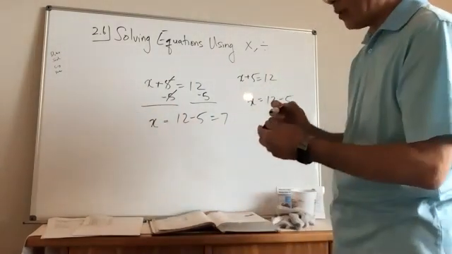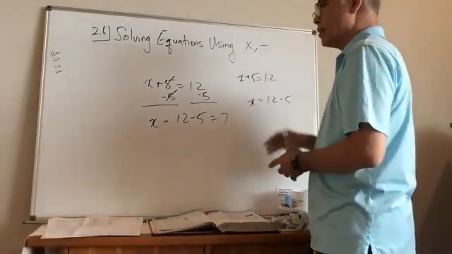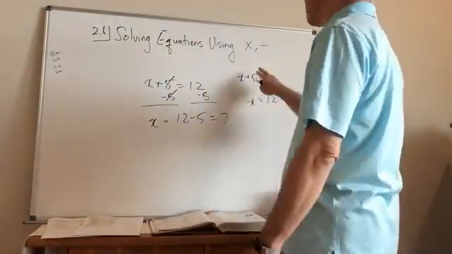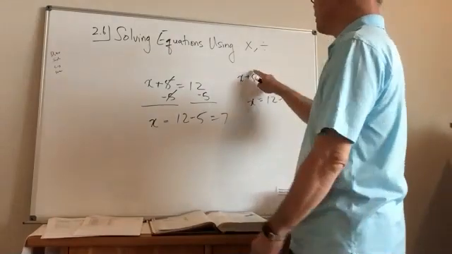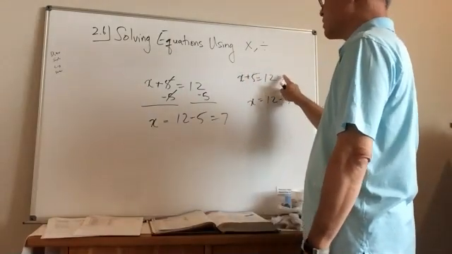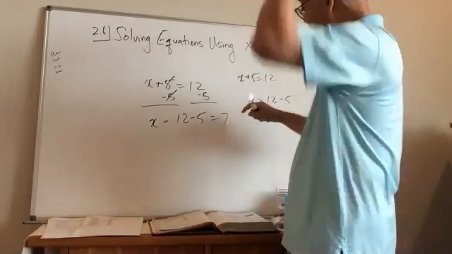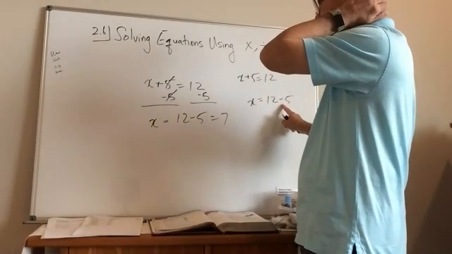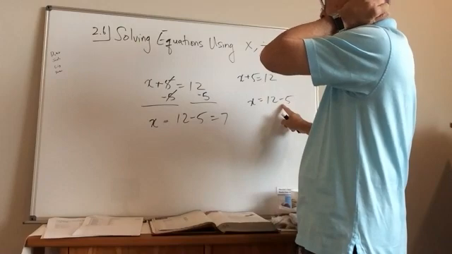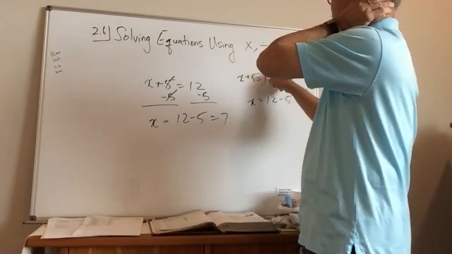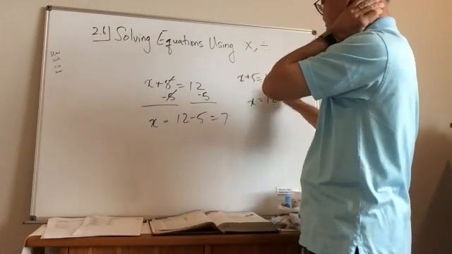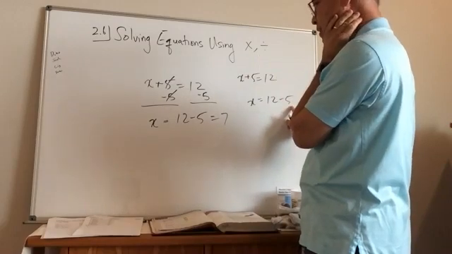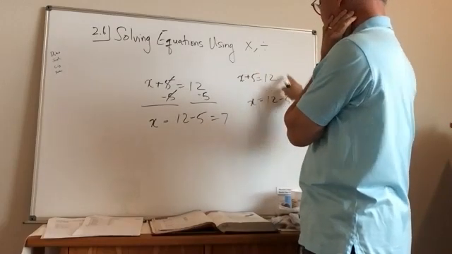What we call this is bringing the 5 across the equal sign. So I bring the 5 across the equal sign, it becomes a minus 5. I moved the 5 over the equal sign, it became 12 minus 5. The plus 5 became minus 5.